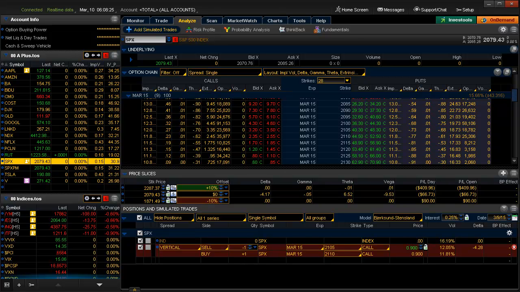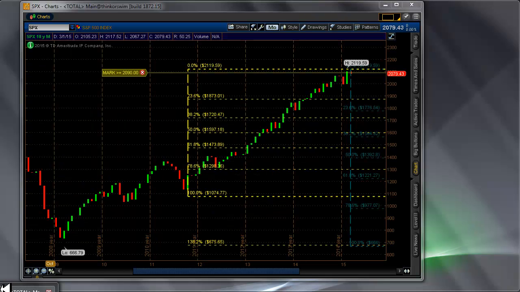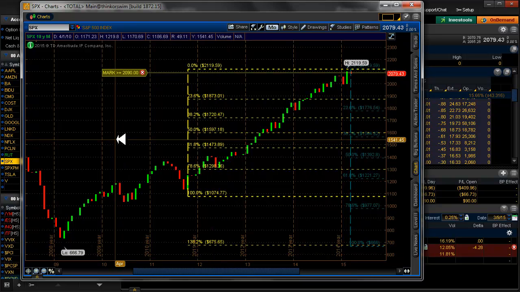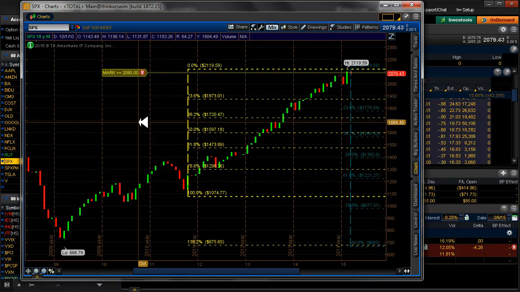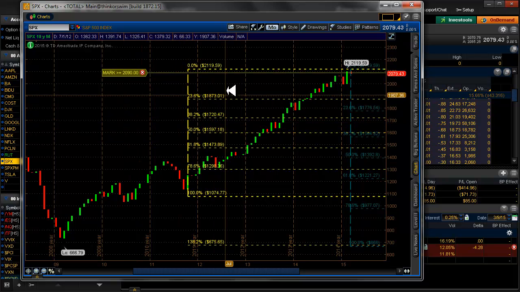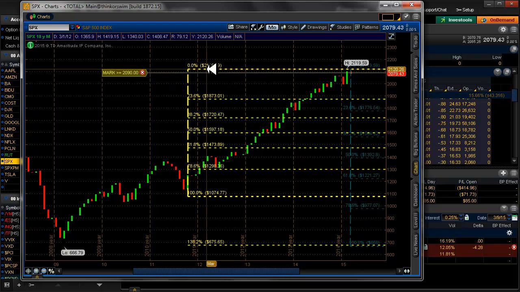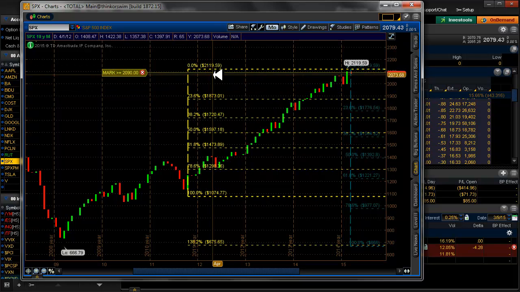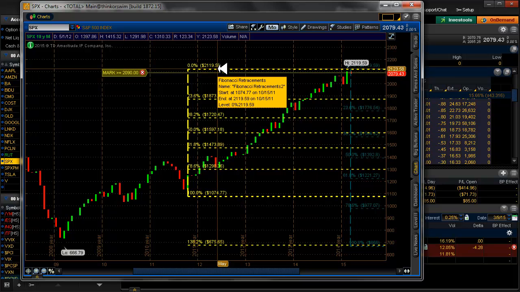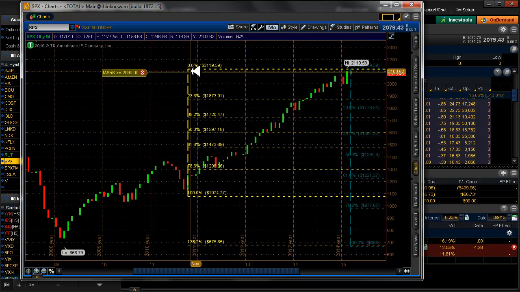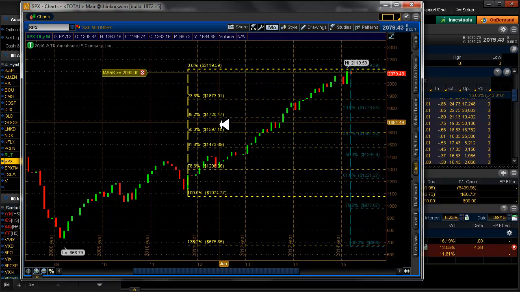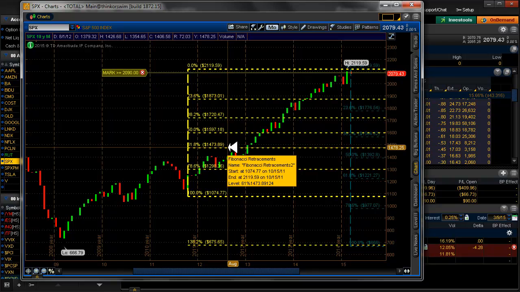Another thing that I wanted to show you on the S&P or SPX chart. Now, this is a little bit confusing, but I drew a couple of Fibonacci's on here. I'm not going to try to explain what Fibonacci is here, but you take it from the low to the high, and then it tells you these Fibonacci levels for retracements.